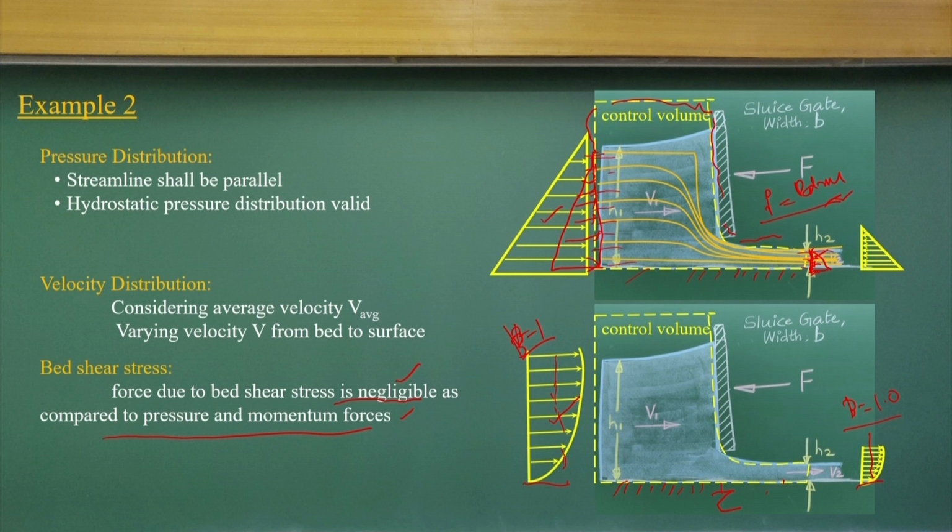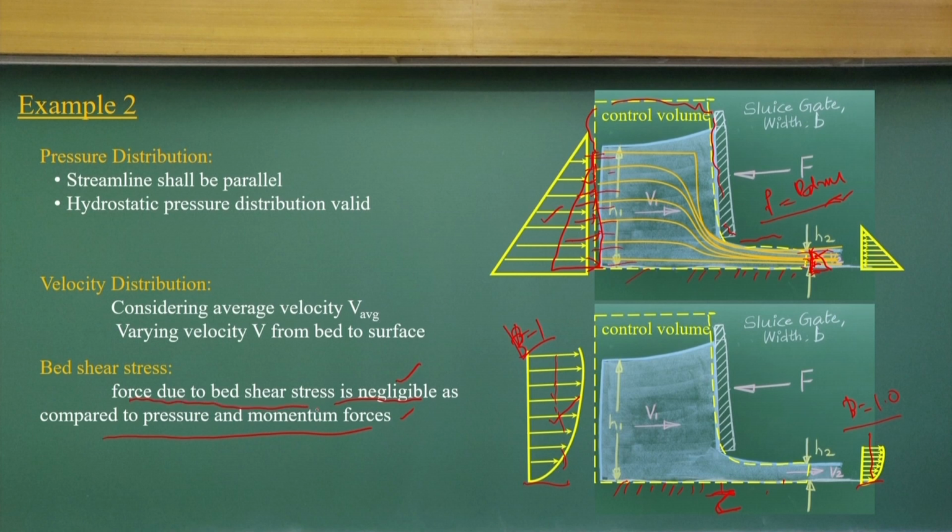Please remember, there is a shear force acting on the bed, but in these problems the force due to the hydrostatic pressure distributions and the force due to the change of momentum flux are of much higher order compared to the force due to the shear stress at the bottom.